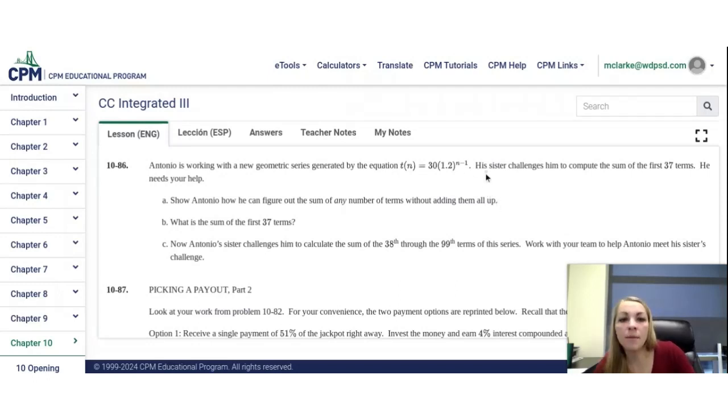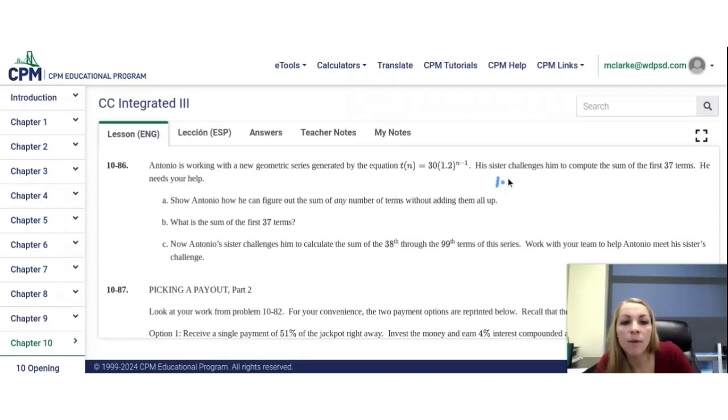So here is what we have. So maybe just access your green sheet. This is how he would be able to add up any number of terms first, okay? So the equation that we're going to have is, remember, it's the last term. Now, in this case, his last term is this, and we're going to take it times the multiplier.